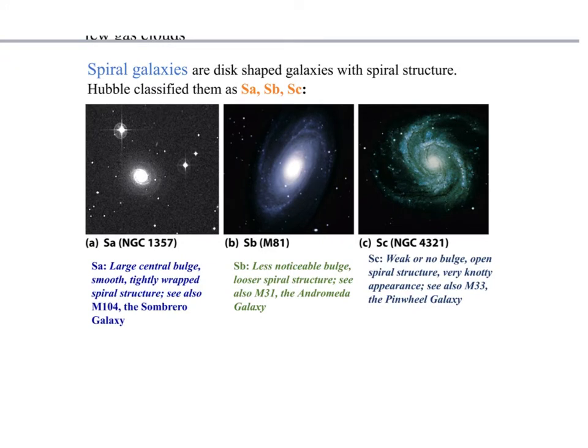So it turns out the spiral galaxies can actually be subclassified into subclasses, and it was Sir Edwin Hubble, the man after whom the telescope has been named. It was a name before it was a telescope.